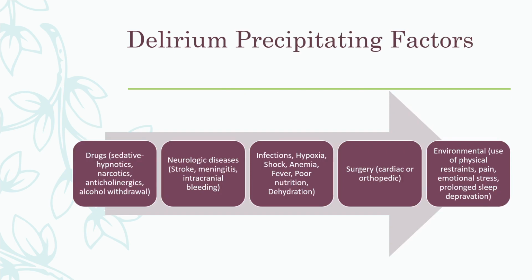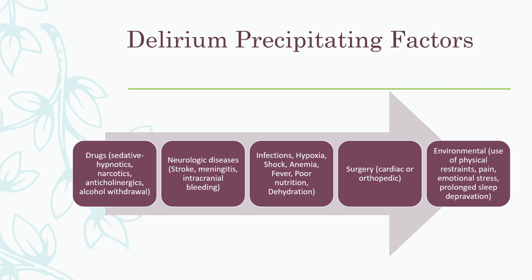Now, precipitating factors can be certain drugs. It may be the sedative hypnotics, narcotics, anticholinergics drying you out too much, alcohol withdrawal, which goes back into that Wernicke's encephalopathy and Korsakoff's we discussed previously. It can even be steroids. Sometimes people on steroids will have a change in mental status.